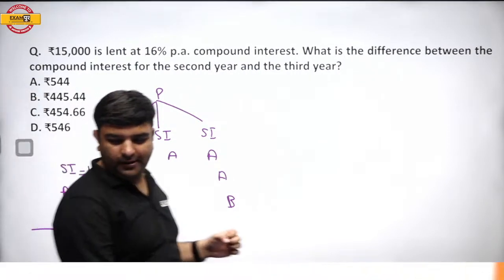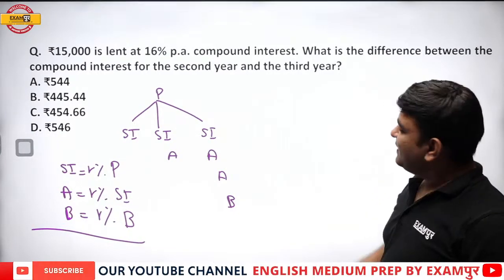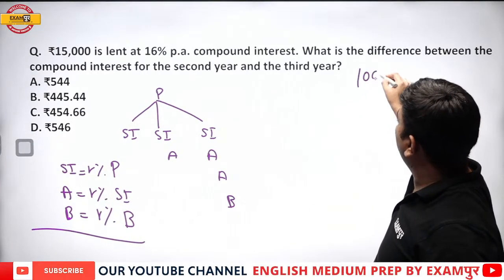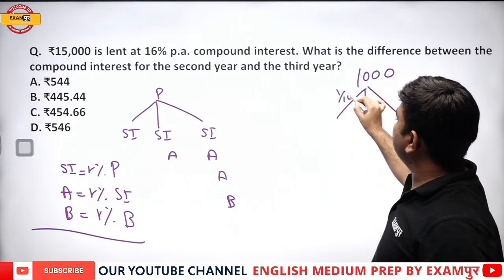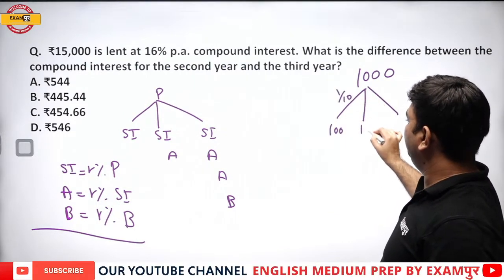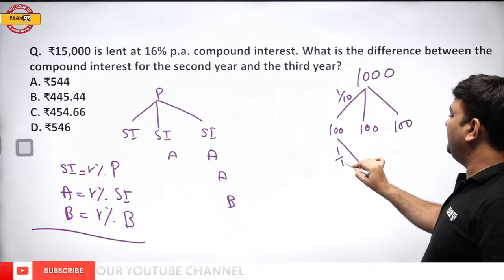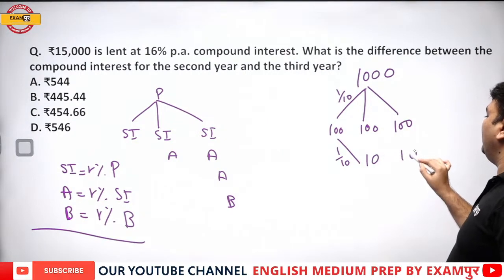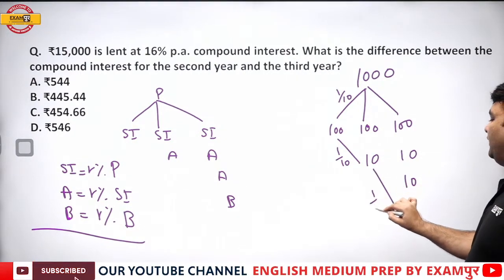This is the logic. Like if you start from 1000 from here, then at the rate of 10%, it will become 100, 100, 100. Then again 10%, 1 by 10, it will become 10, 10, 10. Then again this will give you 1 by 10, 1.